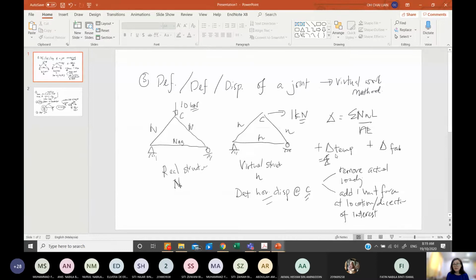When the truss deals with temperature, it is summation N alpha delta T L. For fabrication, we have summation N delta L. This one you need to make very clear, because we are going to use it also in chapter 2.